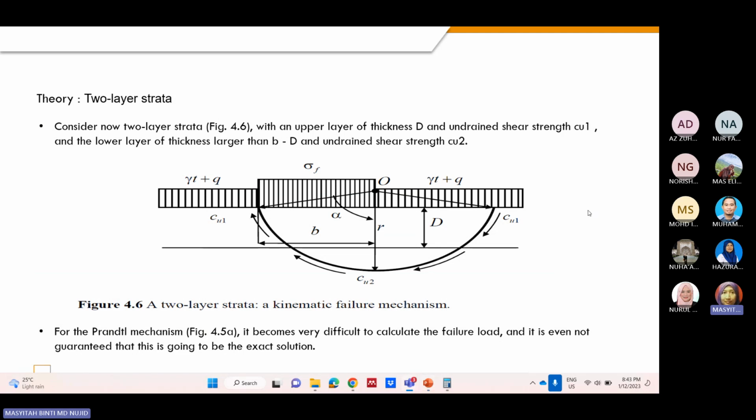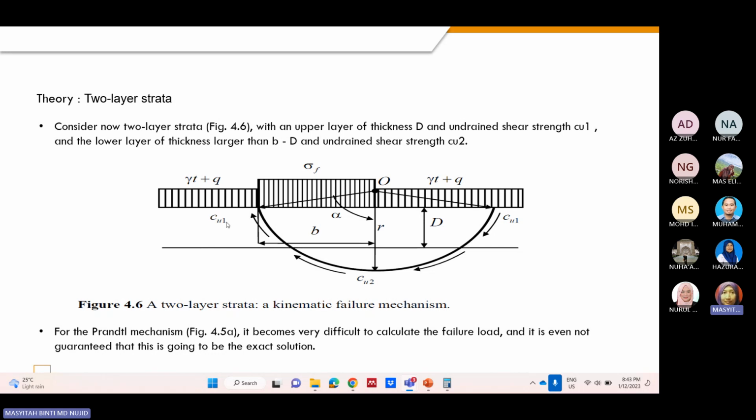And if you notice here, the undrained coefficient is no longer a single value. It has two values according to the depth and also the soil type. For example, the upper layer has an undrained coefficient of C_u1. Then if the slip circle enters the lower layer, the undrained coefficient is no longer the same, it becomes C_u2. And the slip circle up to the first layer is C_u1.